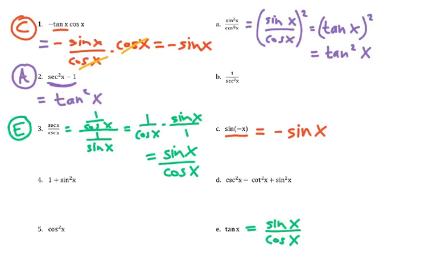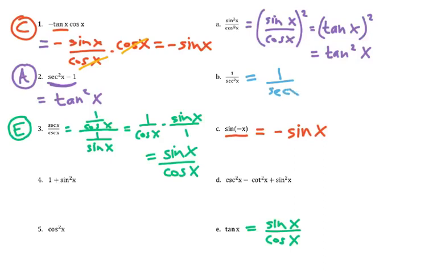I'm going to skip over number 4 for just a brief moment and explain that one after we talk about number 5. Number 5 has cosine squared. There are many ways to rewrite cosine squared, so at this point I'm going to start using a little bit of process of elimination and look at the right hand side to decide what to do. On the right hand side, for b, I see 1 over secant squared.